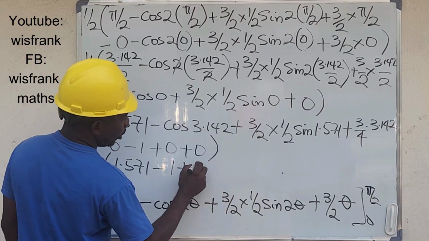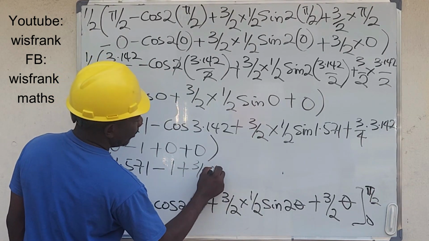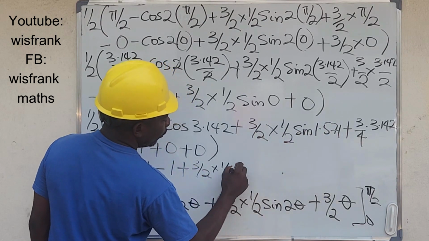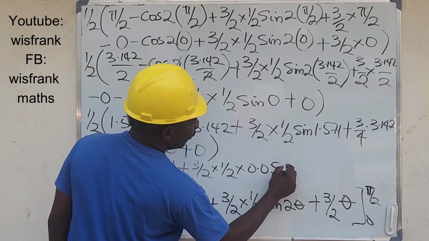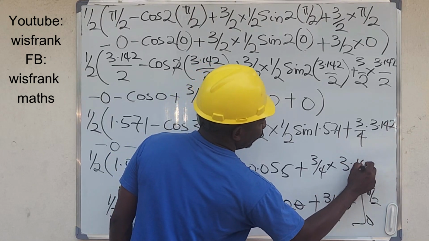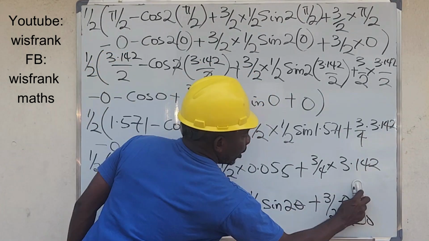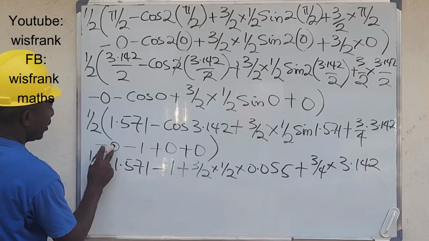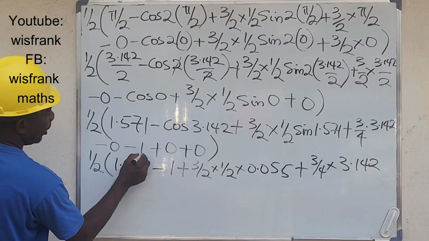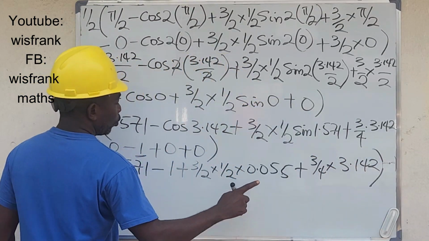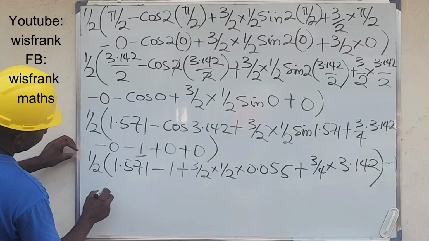So this will become 3 all over 2 times 1 all over 2 sine 1.571 will give us 0.055. Then plus 3 all over 4 times 3.142. So we have that. We are going to further simplify this other side. So this one, the whole of this, we say that remain minus 1. Here will be minus 1. So minus 1 will become plus. So we have to further simplify this.